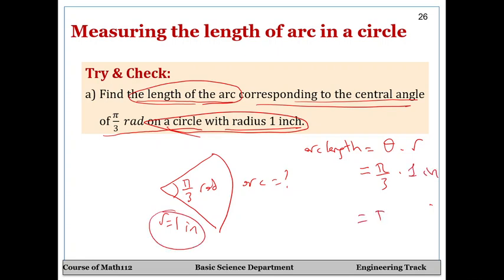So we can directly say it's pi/3 inches. As we said earlier, if the radius is 1 unit, then the arc length is equal to the measure of the angle, numerically. So it's pi/3 radians, so pi/3 units, or what is the unit? This is inches, so you say pi/3 inches.